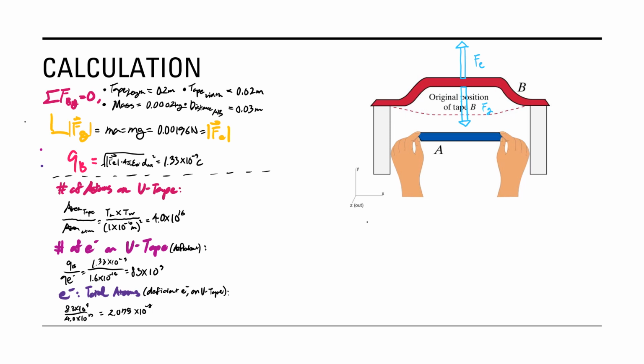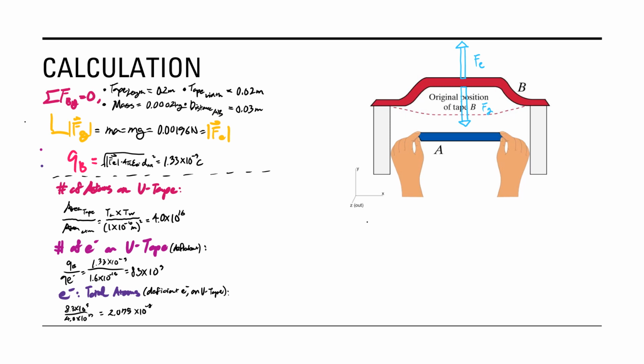This is the calculation that I used to figure out the ratio of the electrons and the total atoms. I assumed that the electric force and the gravitational force add up to be 0.